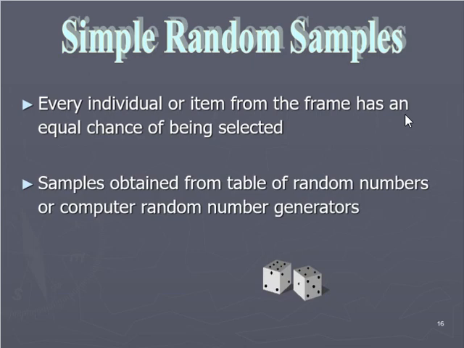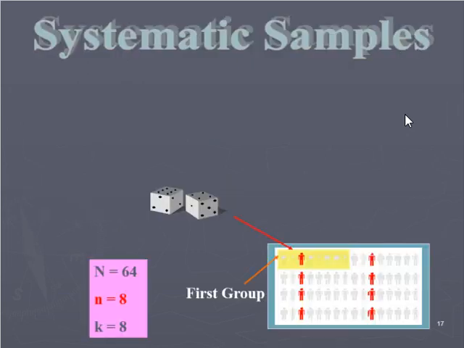There's also a random number generator in our calculator. Everyone has the same probability to be chosen. Therefore, the possibility that they will represent the population is high.